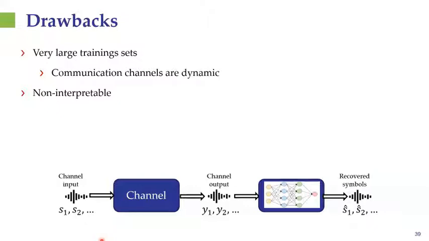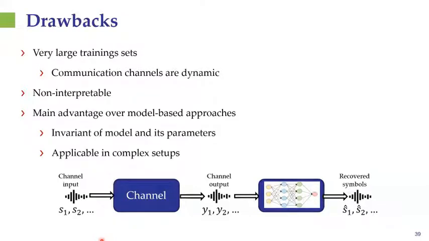Also, by using just a conventional, black box architecture, we end up with a receiver which is quite non-interpretable. The main advantages of using this approach stem mostly from its model invariance. It does not need to impose a specific relationship between the channel output and the channel input.